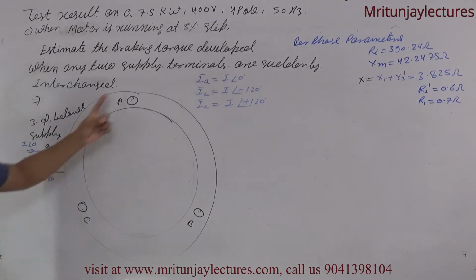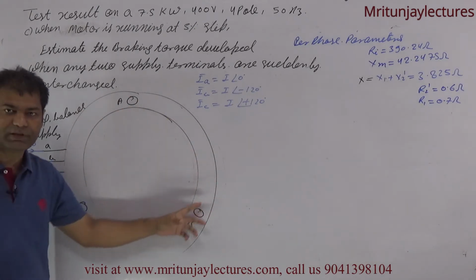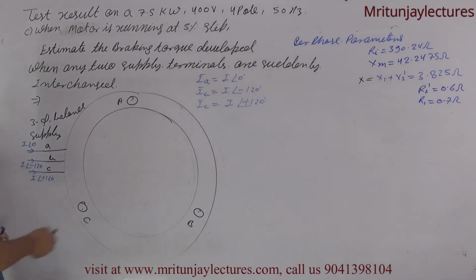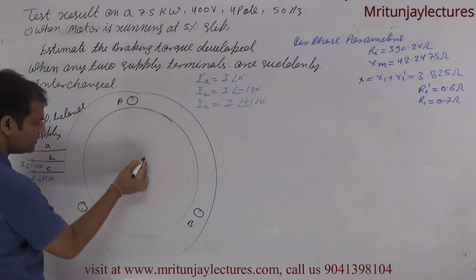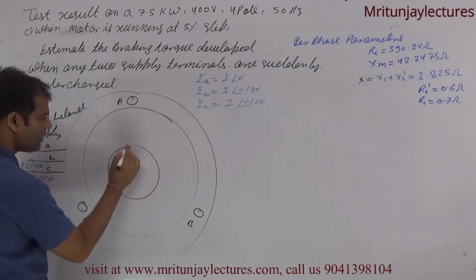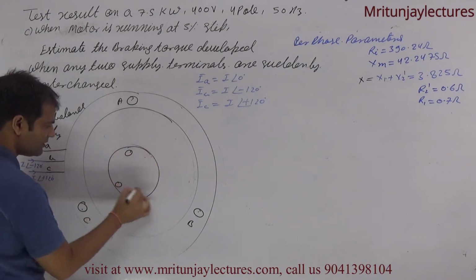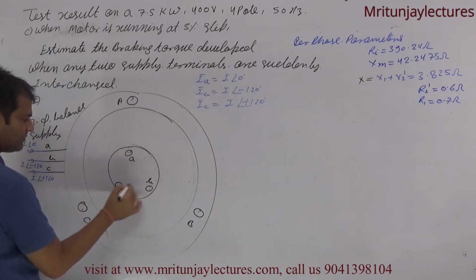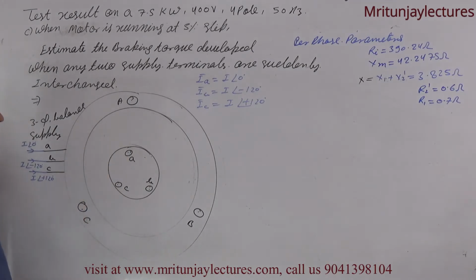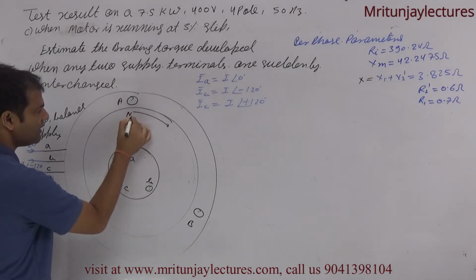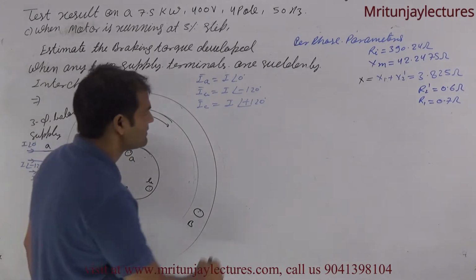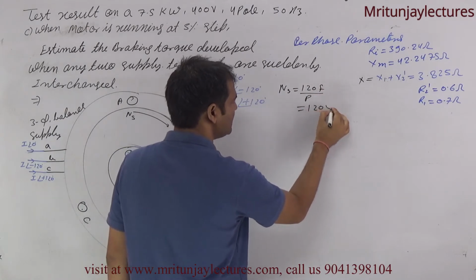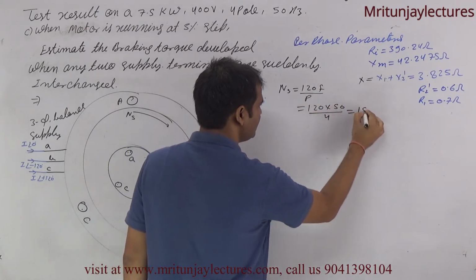This is the stator winding, a three-phase balanced stator winding, and that is the rotor, also a three-phase balanced winding with A, B, C. The stator speed NS is equal to 120 F by P, that is 120 into 50 Hz divided by 4, which is 1500 RPM.